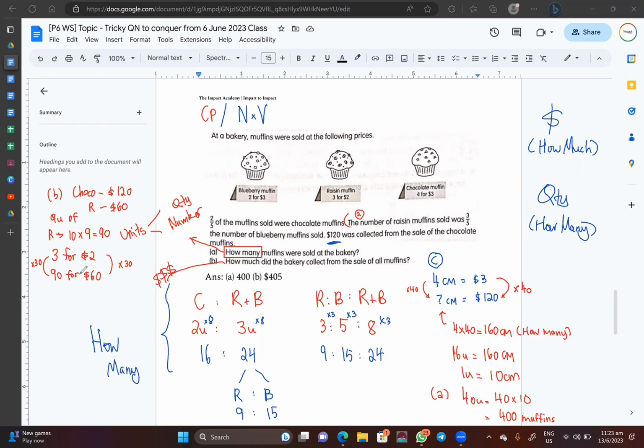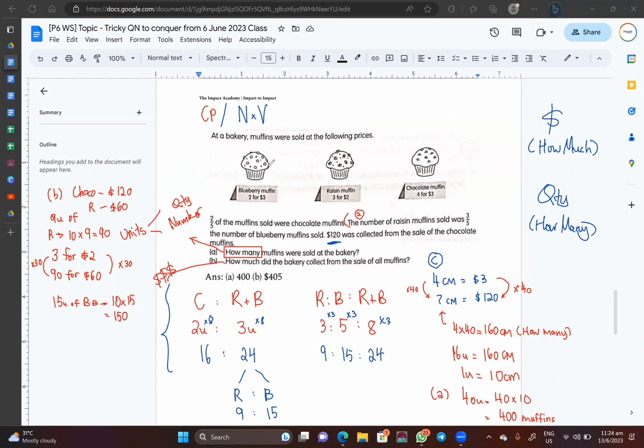Okay, so we will do the same thing for blueberry. So same thing, find the number of blueberry first. How many blueberry do I have? Okay, blueberry, tell me how many units for blueberry? 15 units, very good. So 15 units of blueberry, so we just put B, okay? All right, it's actually how much? Okay, good. So 15 units of blueberry is simply 10 times 15, all right? We get 150 blueberry, correct?